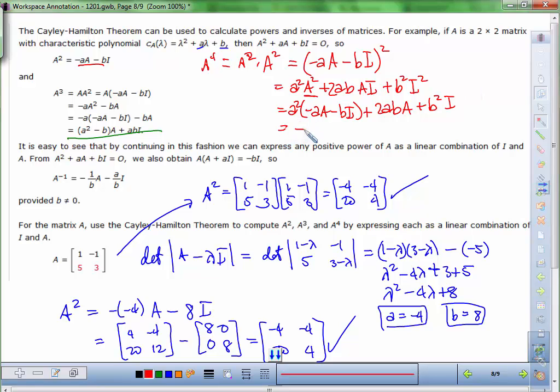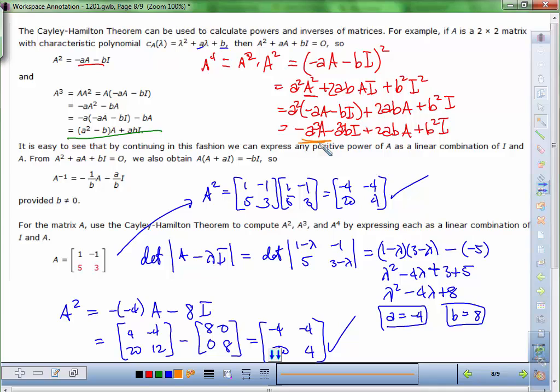And then we're going to get negative a cubed. Oops, sorry. A cubed A minus ab I, a squared b because of that A squared, plus 2ab capital A plus b squared I. All right, I think we finally got it.